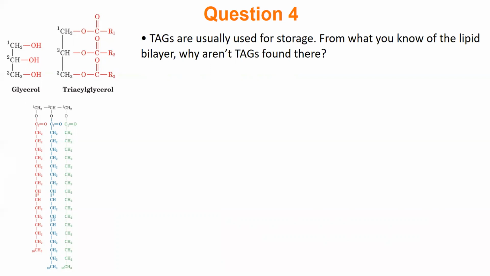What is different from a fatty acid in the lipid bilayer versus a fatty acid in a triacylglycerol? So I'll give people a minute to think about that. If you have an idea, please feel free to share it. But yeah, think about that. What's different between fatty acids in plasma membranes and fatty acids in triacylglycerols?